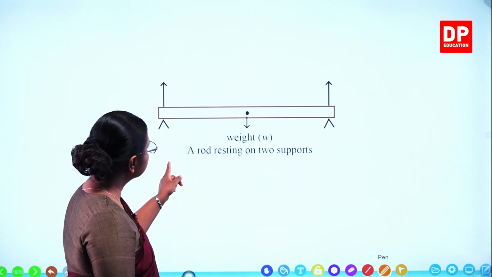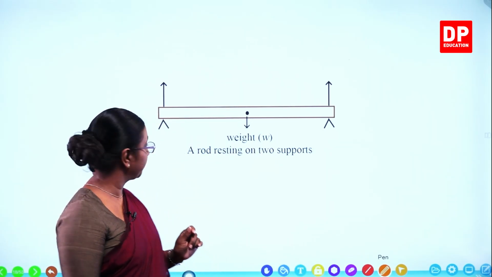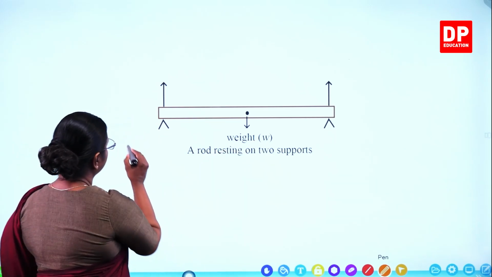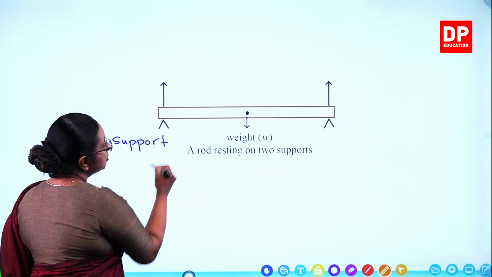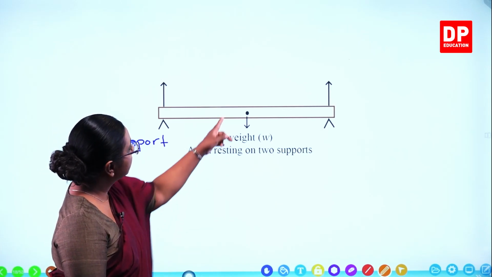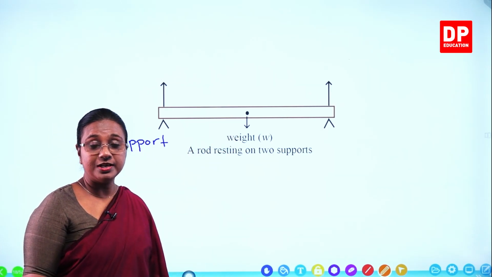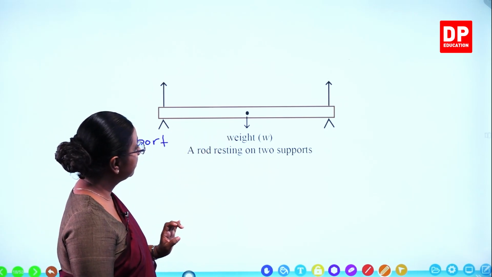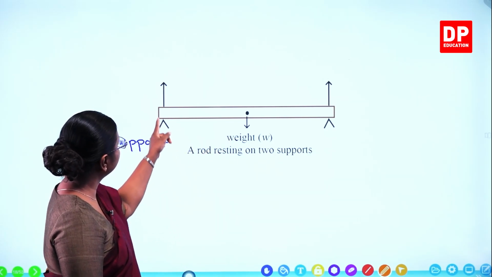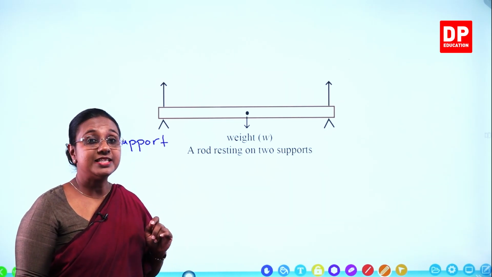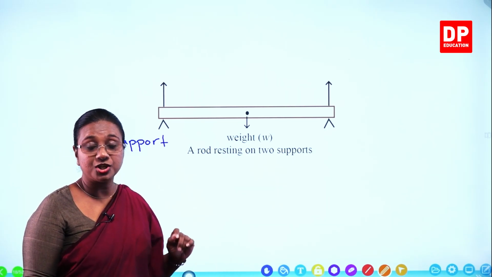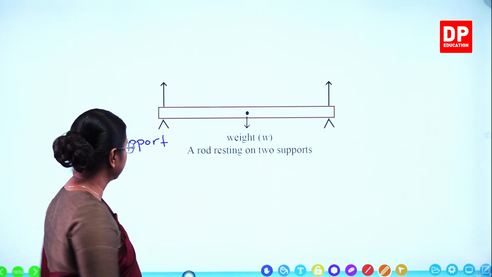You all can see here a rod resting on two supports. So, these are the supports. What happens there? The weight obviously acts downwards, the weight of the rod. That will be balanced by the reaction exerted by the support. What is that called? The normal reaction or the perpendicular reaction. Why?